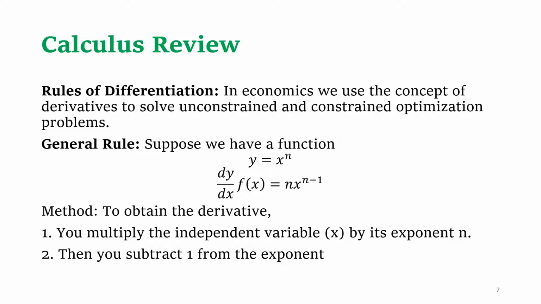We have to subtract 1. So if you do that, then you have differentiated this function with respect to x. So basically, that is the rule, and that is what we're going to be using. I want you to understand this very well. Please, I want you to understand this very, very well.